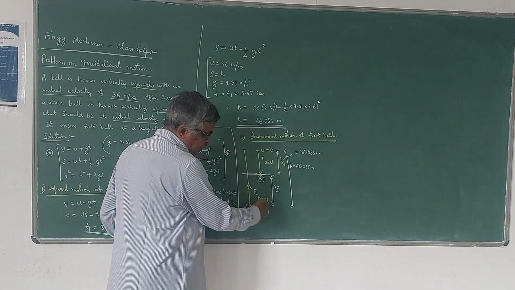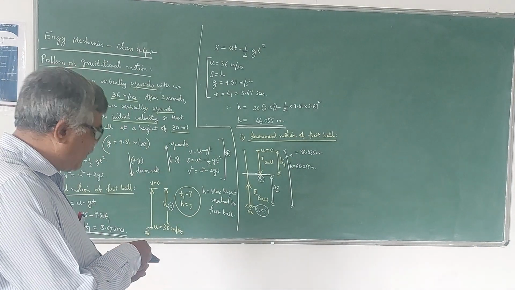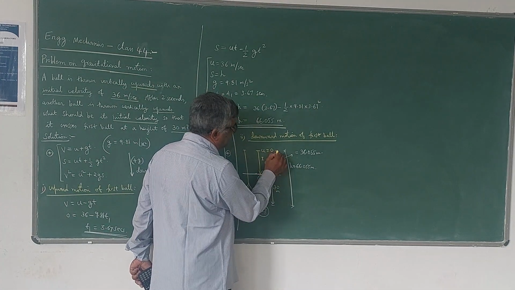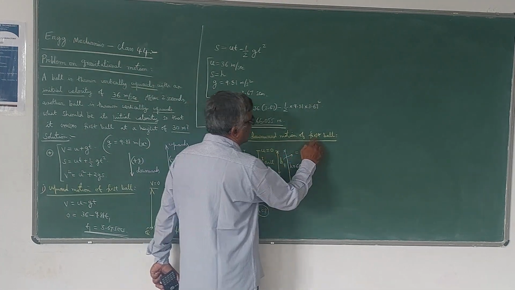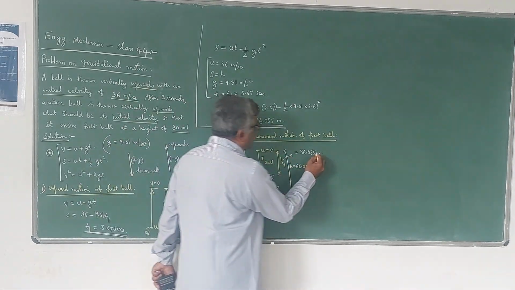Now u is the unknown here, the initial velocity of the second ball that we have to find out. For that, we need to take the equation from here to here, because I am taking the first ball's downward motion. What data do you know?